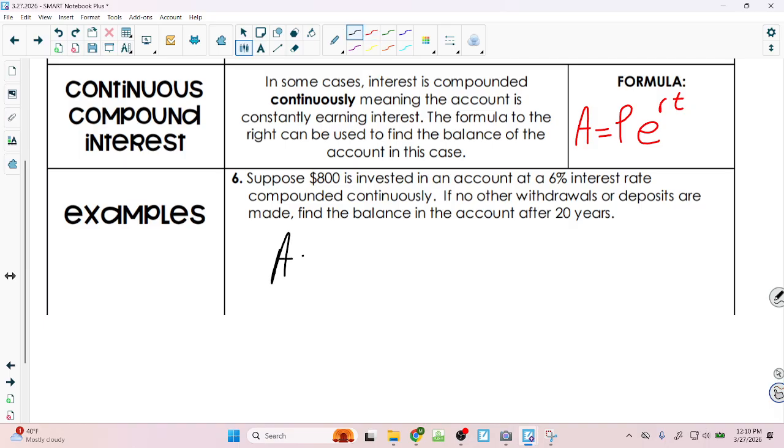So amount is going to be 800 times, actually, sorry, not again, you guys. Okay, 800 times, and as you notice, I almost messed it up. It's E to the rate times time. So all we need to do is figure out the rate times time. This is the rate. They said continuously.